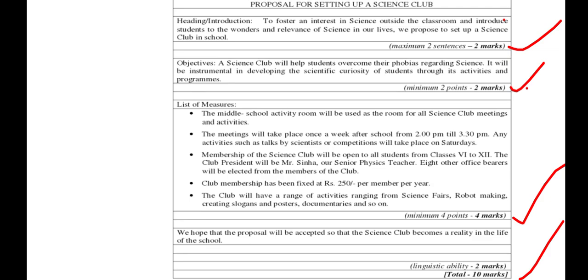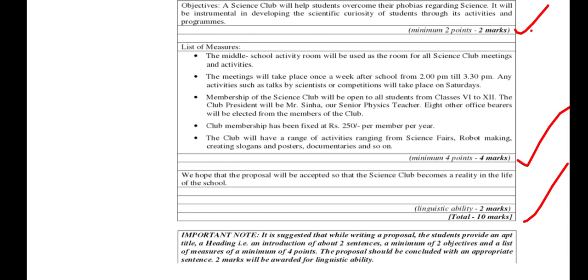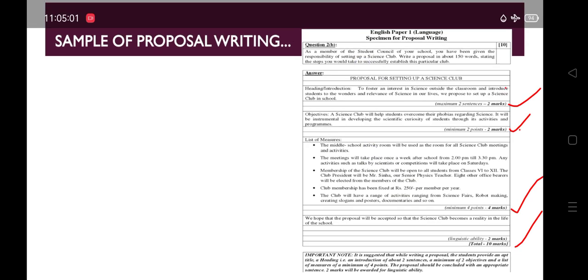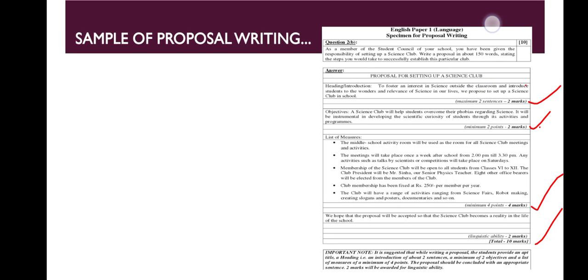Then the list of measures, which things are required for fulfilling this demand. And at the last you would be having the conclusion, and then your name, your position, and your school name. And that's it, you have come to the end of your proposal writing. Okay, I hope this is clear to you.